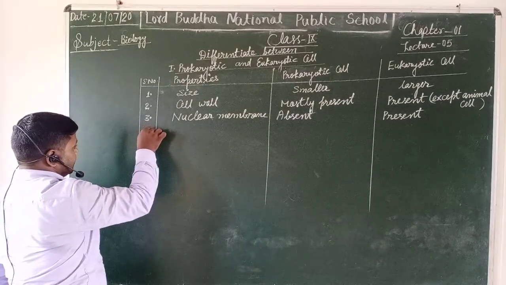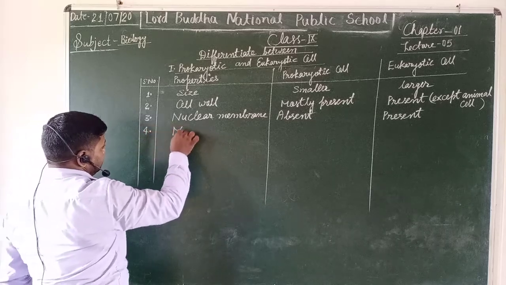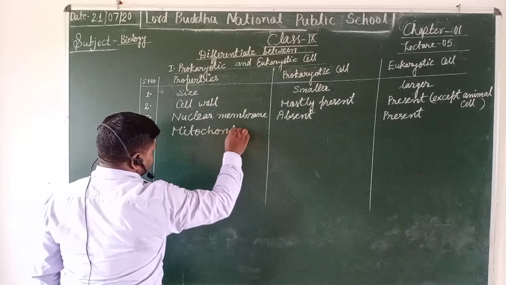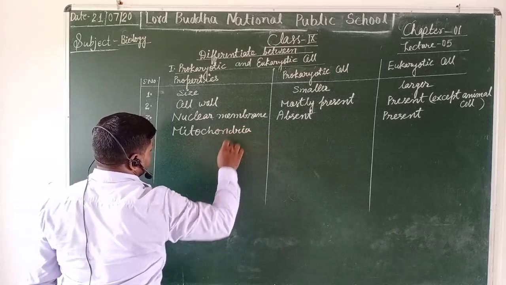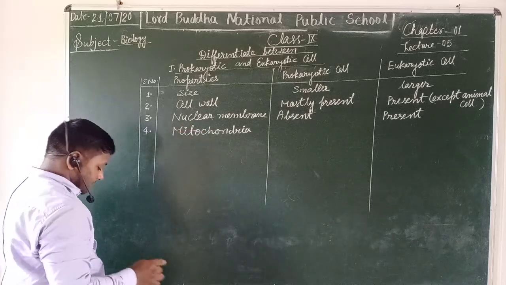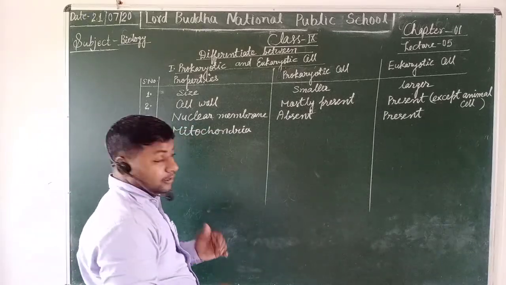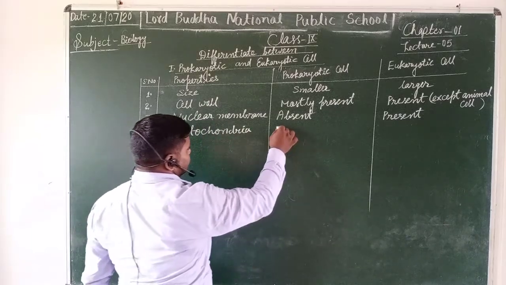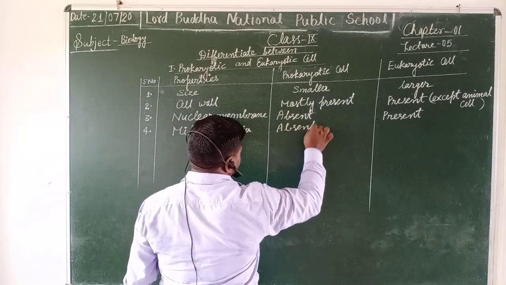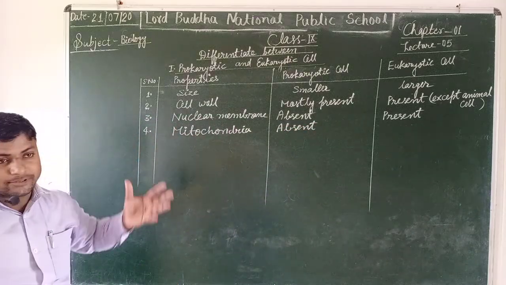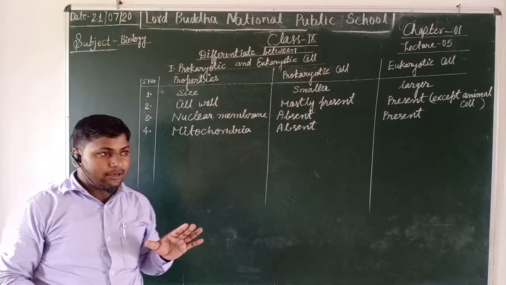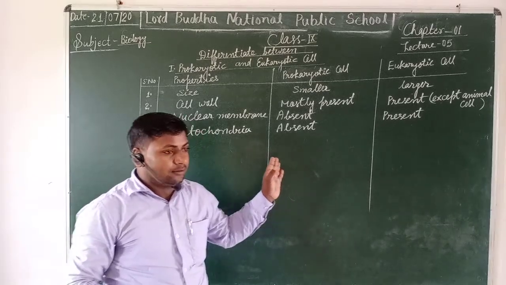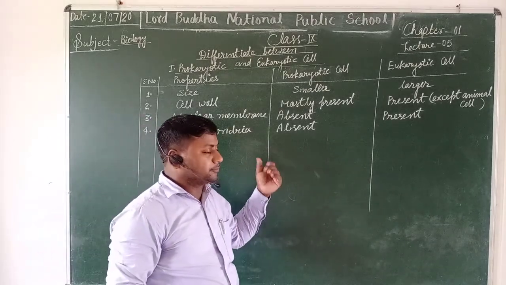Now students, taking another example, mitochondria. This property also plays a very peculiar role in differentiating a prokaryotic and a eukaryotic cell. In prokaryotic cell, the mitochondria is absent. Yes, students, the process of cellular respiration takes place in prokaryotic cell without presence of mitochondria.